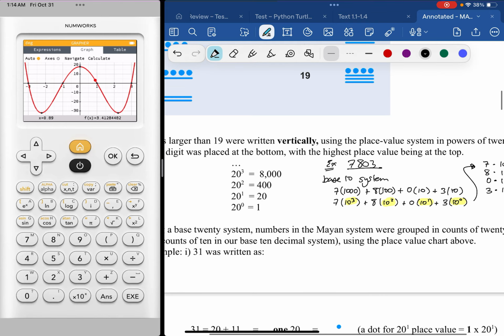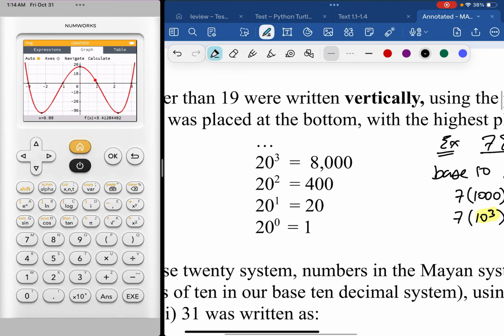So here, I'll just throw a quick example. If I had 1 times 20 to the third, 2 times 20 to the second, let's say a 0 here, just to keep the numbers nice, and then let's say a 1 here, I might think that's 1,201, just based off of our ordinary base 10 system.